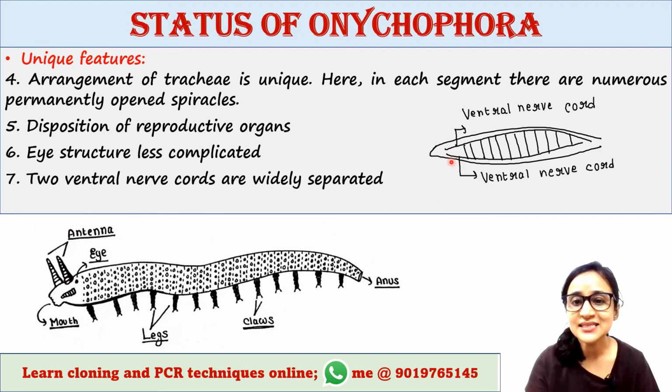Here we can see this is one ventral nerve cord, this is another ventral nerve cord, and these two nerve cords are widely separated from each other. They are present at the ventral position of their body, and these nerve cords have ladder-like arrangements. They look like a ladder, so it is called a ladder-like nervous system.